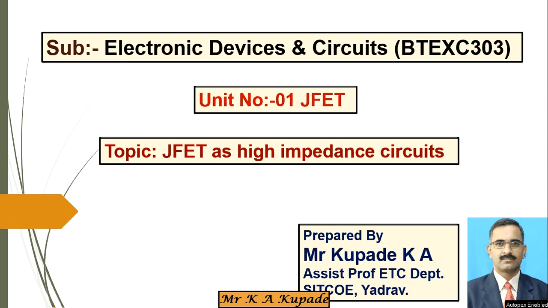That means as the temperature varies, the values of gm and RD change. After that, we discussed the amplification factor of the FET, which is again related to RD and gm.